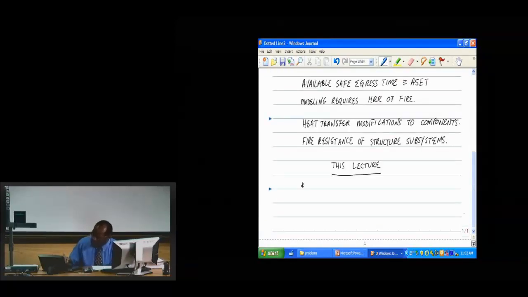So we're going to explore and discuss how the conservation relations can be used for flame analysis.